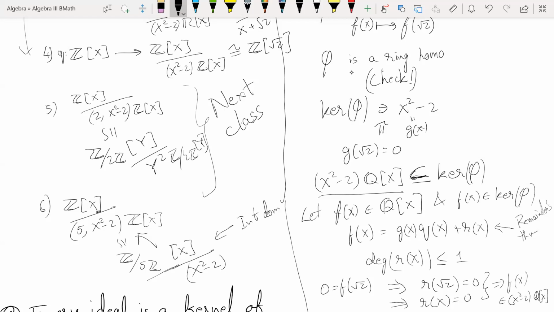It's certainly reduced, but it's also more than reduced. This is actually an integral domain. So these things also we'll see. I don't know if we'll see it in the next class, but we'll see it in this semester. This isomorphism we'll see, and this isomorphism we'll see next class, these number 5 and number 6.